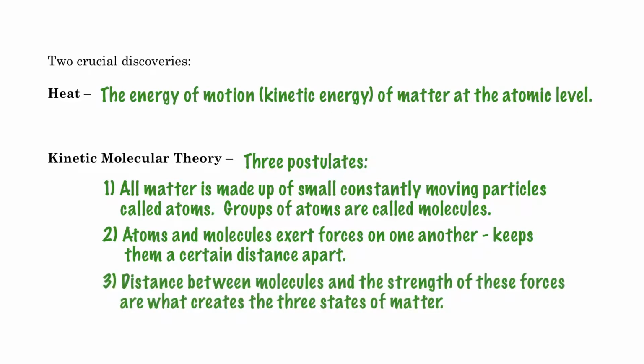And the distance between these molecules and the strength of the forces are what create our three states of matter. These two things were crucial discoveries and led us to be able to talk about the states of matter and about heat and temperature and so on.